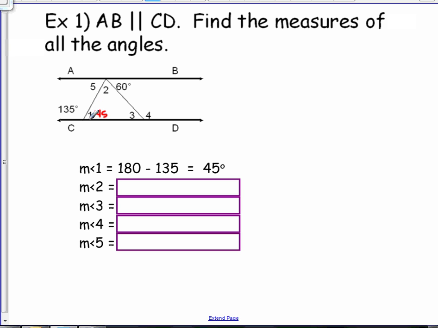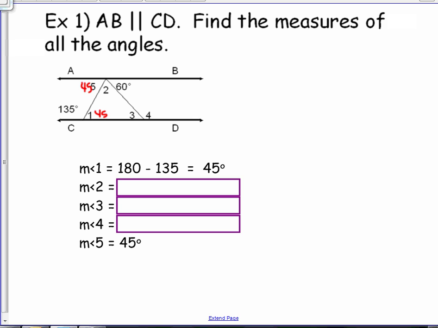Okay, now if you were to look at this, we actually have alternate interior angles with angle 1 and angle 5, and according to the definition of alternate interior angles, angle 5 should be congruent to angle 1, so angle 5 will actually equal 45 degrees as well.